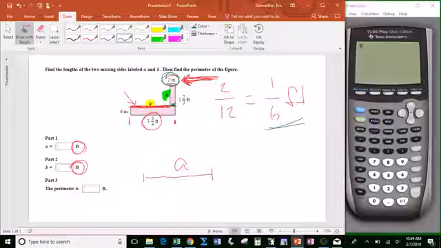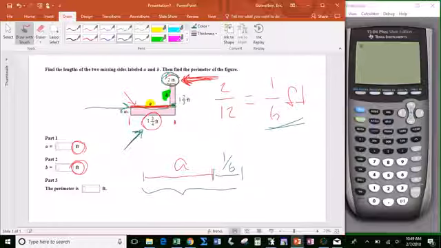So horizontally we have A and we have 1/6 of a foot. And we know from down here that this total length is 1 3/4 of a foot.